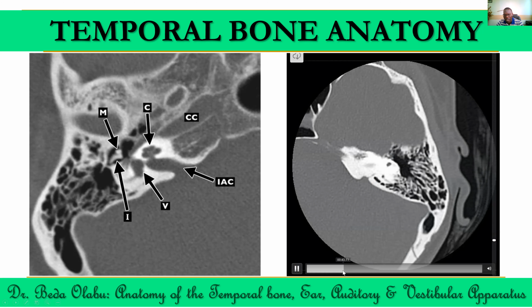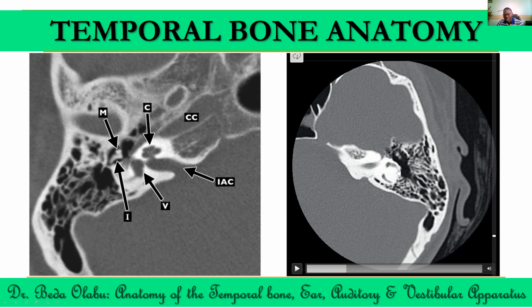I'll take that back a bit so that you see something. Okay, now we can see this is the lateral semicircular canal there. You can also see the internal auditory meatus entering. And this is the route for the facial nerve.